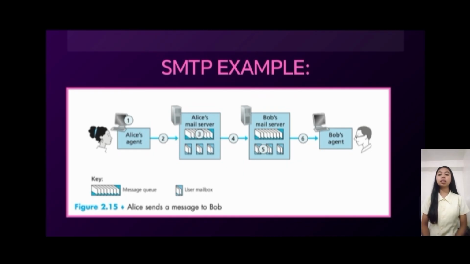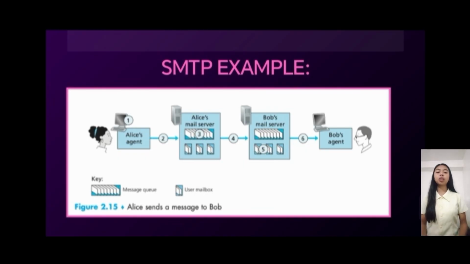In the second step, Alice's user agent sends the message to her mail server, and this mail is placed in the outgoing message queue. Here the SMTP protocol is used to transfer a message from Alice's device to Alice's mail server. In the third step, Alice's mail server SMTP opens a TCP connection with Bob's mail server.